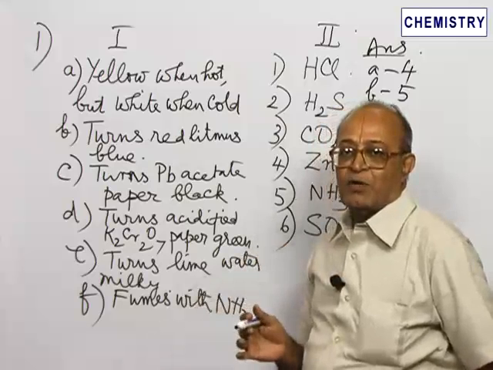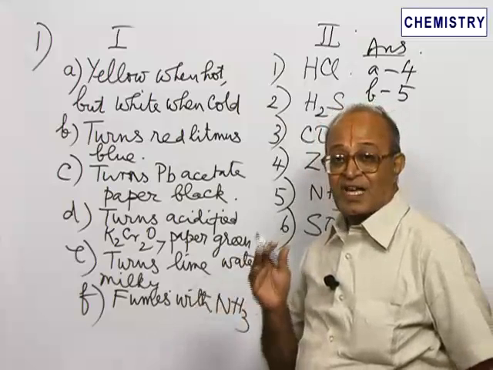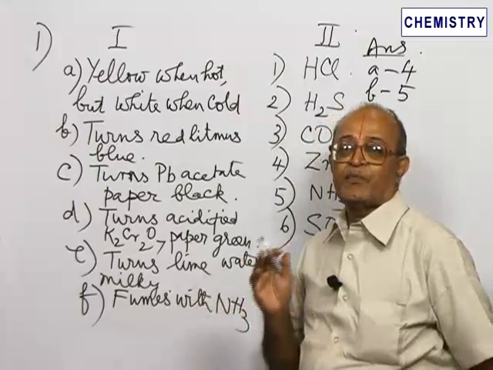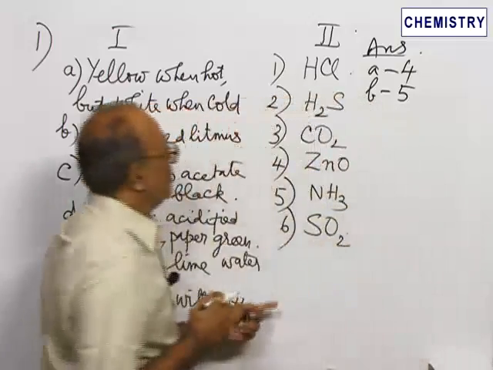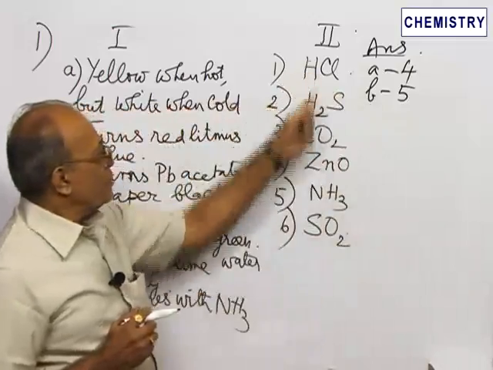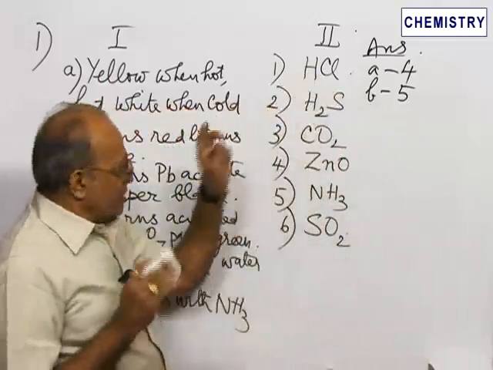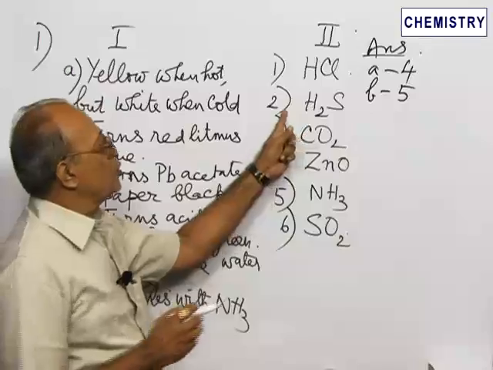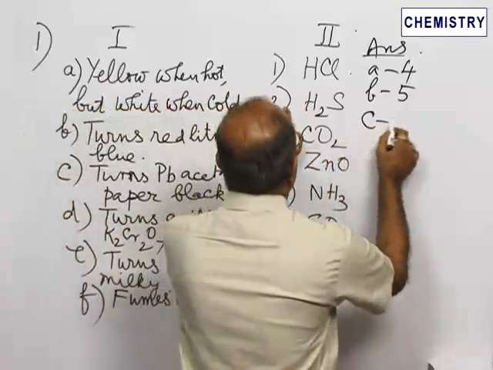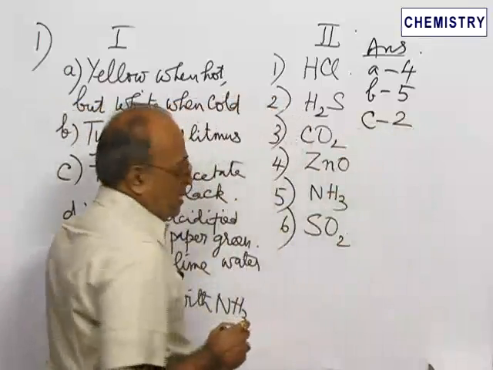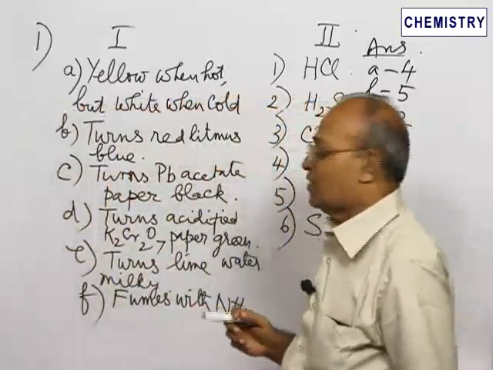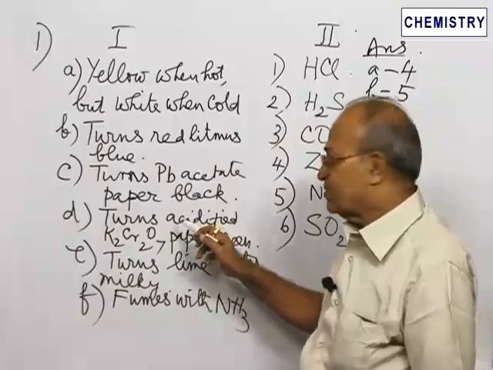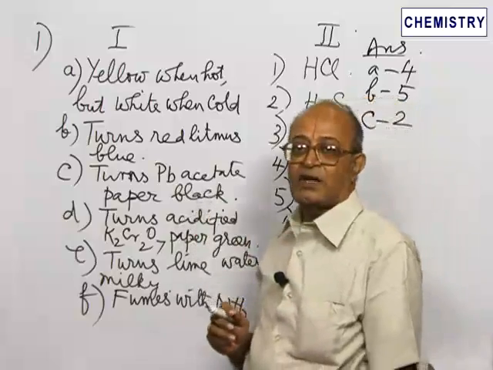It is possible only if a sulfide is present in the salt. So, consider column 2. Various possibilities are there, but the only answer is 2, H2S. That is, hydrogen sulfide gas changes the color of lead acetate black because of the formation of lead sulfide.